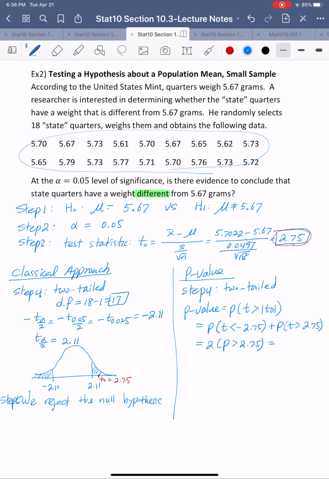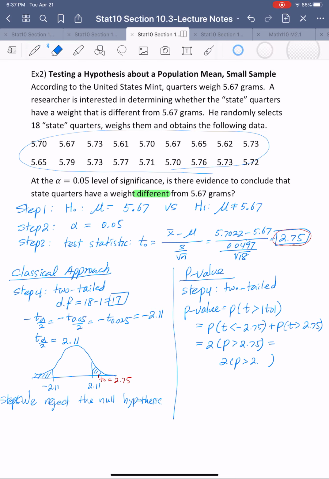So when you look it up, the closest possible number you can find is 2 times p greater than 2.17, and it will be between, and not the 2.75.